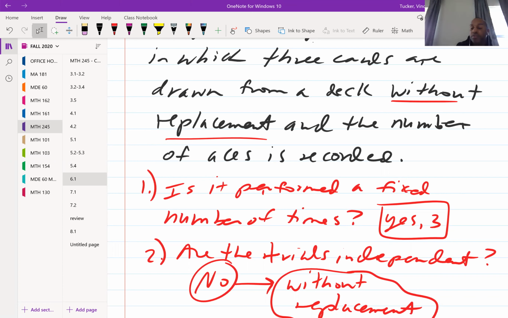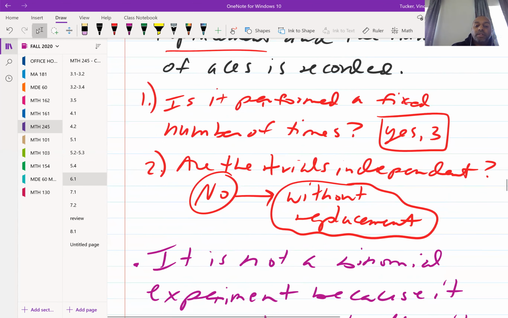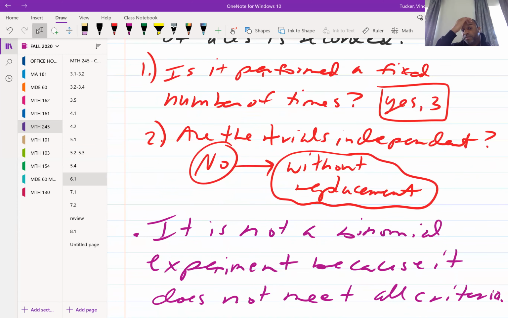We go from a 52 card deck to a 51 card deck. And if I were to get an ace, then that takes away the number of aces that I have, all that type of thing. So if I don't replace the card, then I'm changing the probability, and so my trials are not independent. And that means it is not a binomial experiment because it does not meet the criteria.